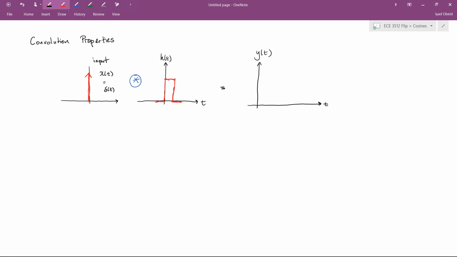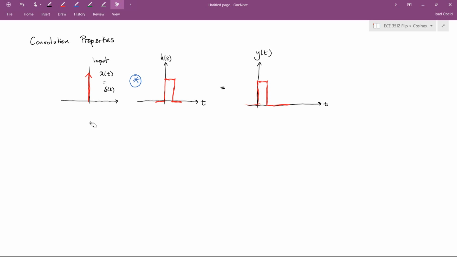The output of my system in this particular case has to equal whatever that shape was, just a repeat. Because if this is the system's response to an impulse, and the system is being presented with an impulse, then pretty much by definition what comes out has to be the impulse response.